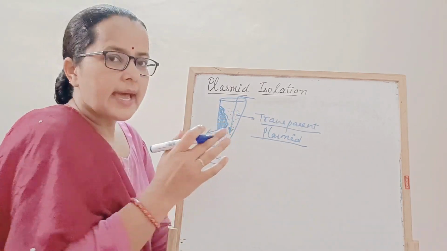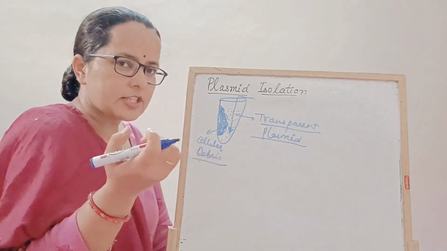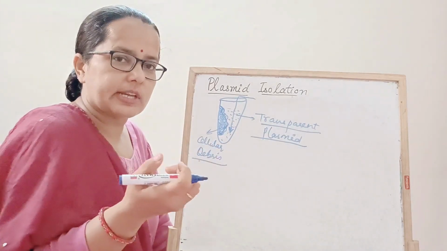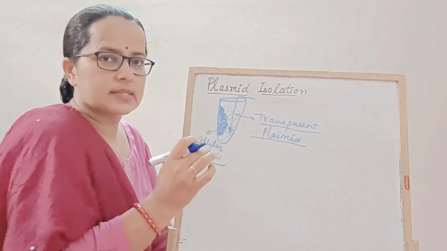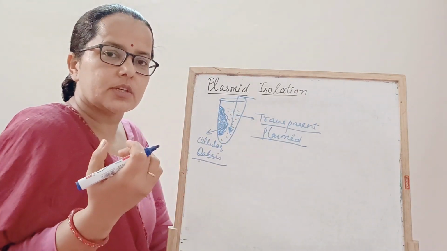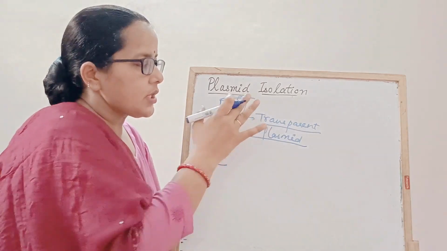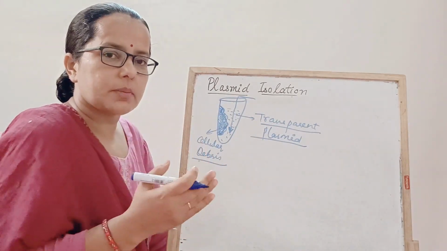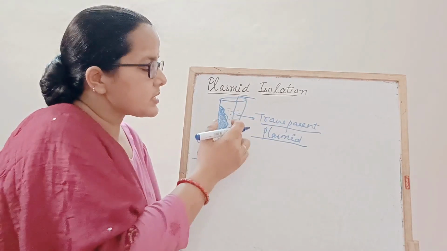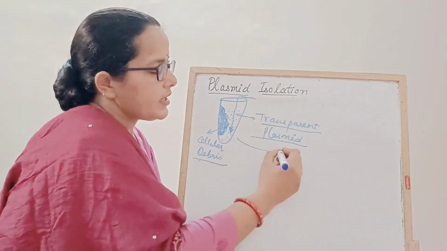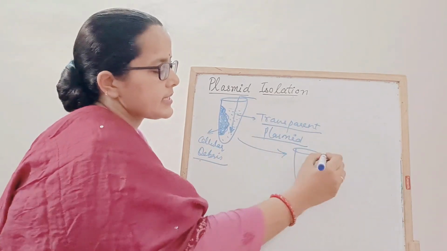So this transparent liquid, you have to take out gently without disturbing this cellular debris. Do not disturb this. If you pipette it out very rashly, you will disturb this, and it will come out with your tip. So using your 100 microliter or 200 microliter pipette, take out this transparent liquid and transfer it to the next MCT.